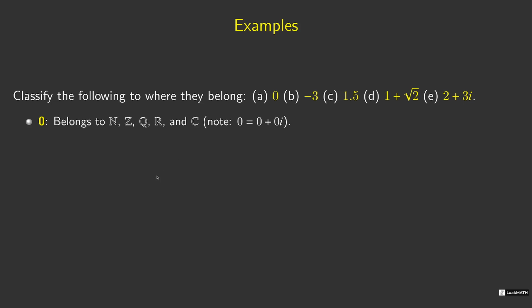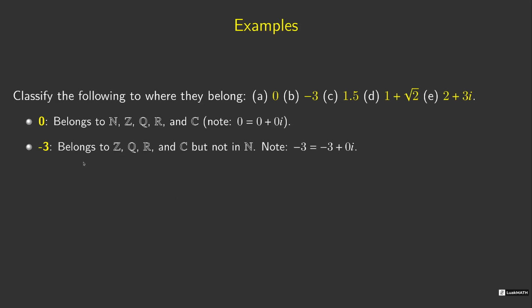So clearly, 0 belongs to all the sets. Belongs to N, belongs to Z, Q, R, and C. Oh, and notice how you can write 0 as a complex number. 0 equals 0 plus 0i. Here the real part is 0, the imaginary part is 0. This tells you how you can write any number as a complex number.